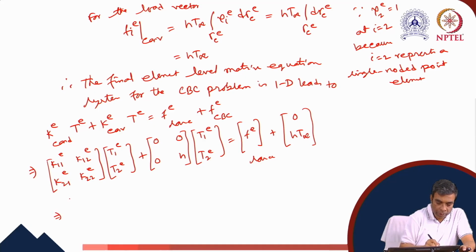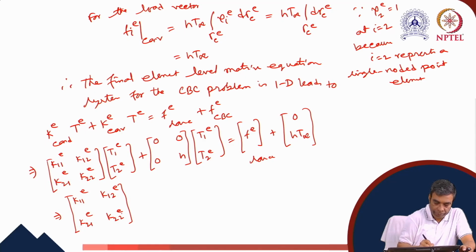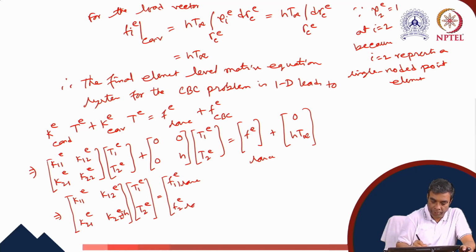So we can combine the left hand side as K11E, K12E, K21E, K22E plus h, T1E, T2E equals F1E due to source, F2E due to source plus h T infinity.